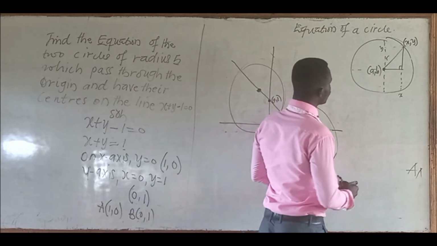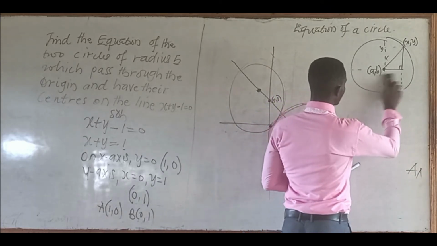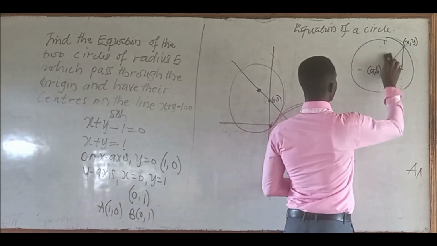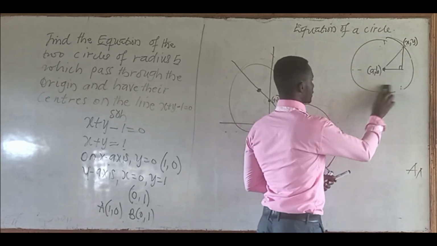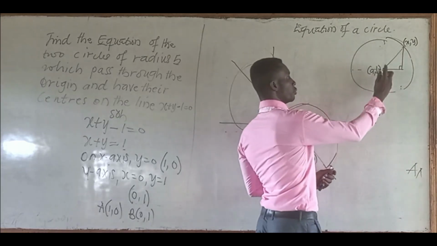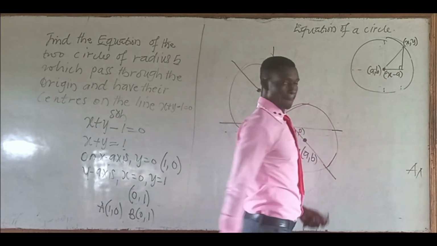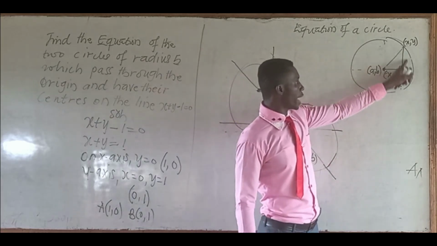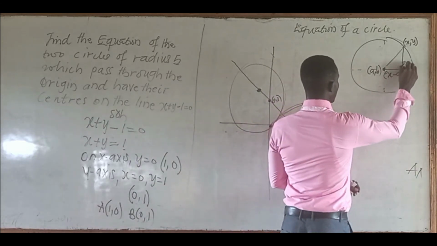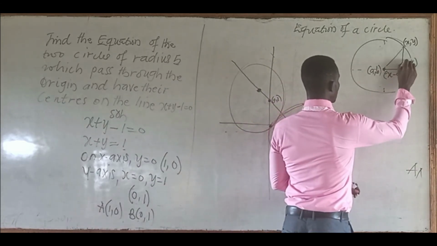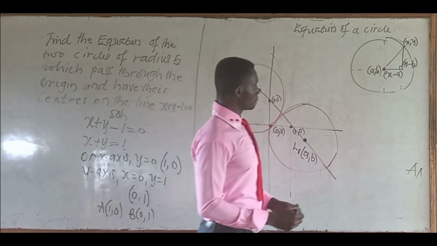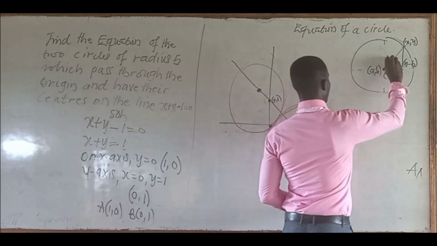So what we do is look for the change in x. Change in x here will give us x minus a, and change in y will give us y minus b. And here is the radius r.